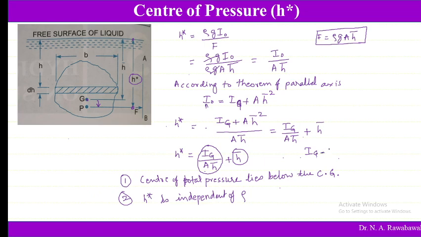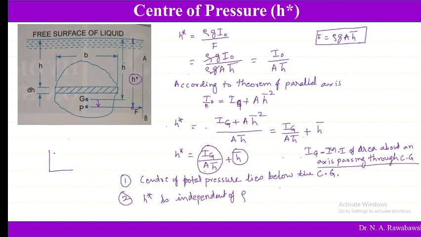So Ig is the moment of inertia of area about an axis passing through CG and parallel to the free surface.